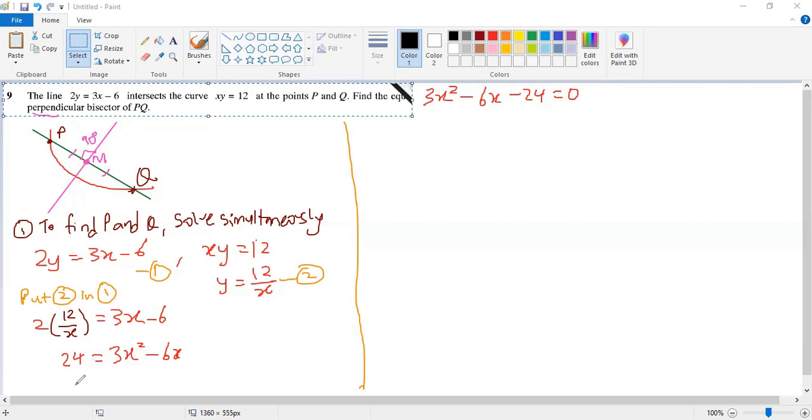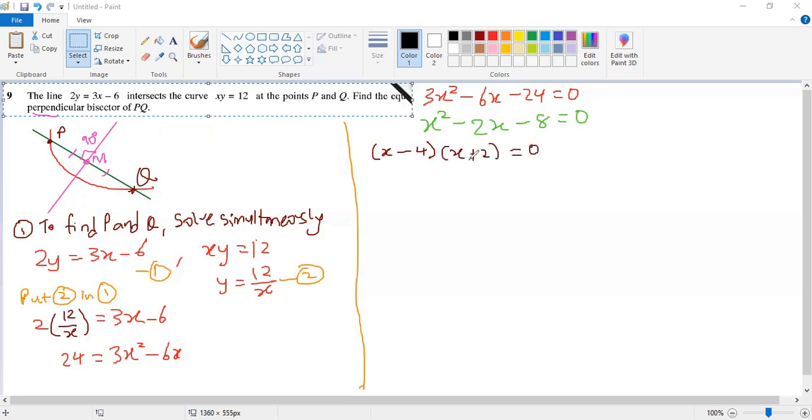And then there's a common factor. Some of the questions have a common number like that, so please divide throughout by 3. You would get x squared minus 2x minus 8 equals 0, since 24 divided by 3 is 8. Then we think about whether it is factorizable or not. If it's not factorizable, we can use the quadratic formula. Here, 8 times 1, so it's possible: something like (x minus 4)(x plus 2).